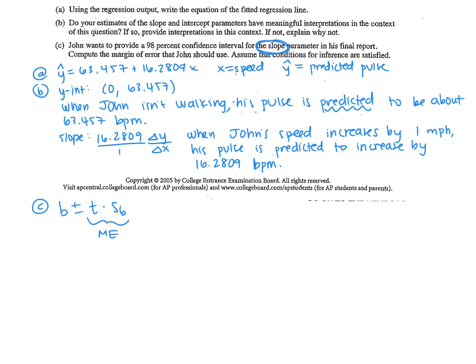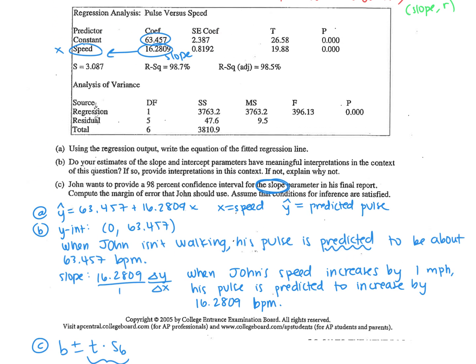Okay, if we go to our output, this is our slope line. So S sub B is this number right here. Before, you notice it was called standard deviation. It also might be written as standard error, either one. So it's that 0.8192.